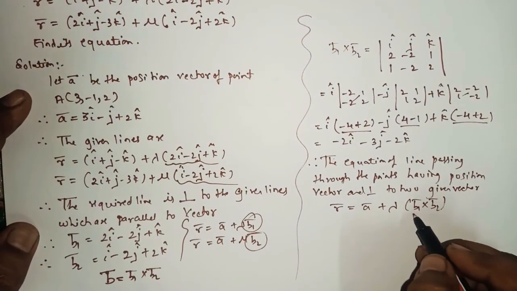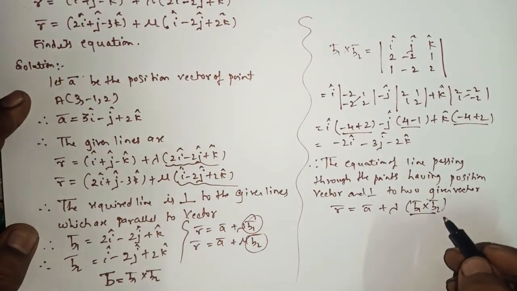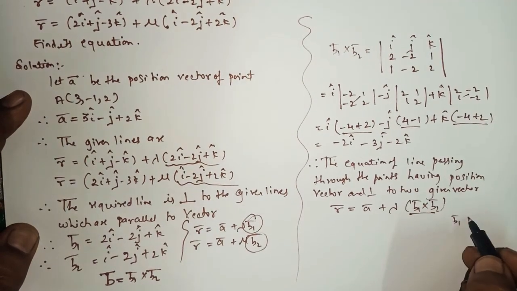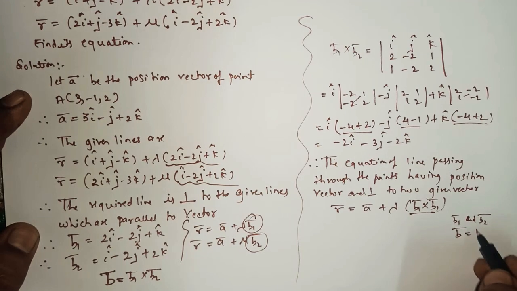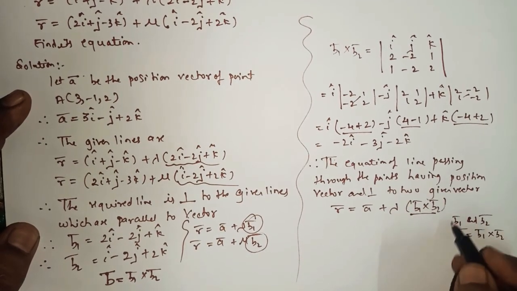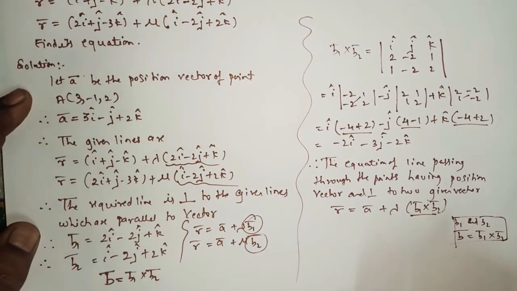And we know that when the required line is perpendicular to b1 and b2, it is parallel to b bar, so b bar will be equal to b1 cross b2 only. So you can use the first formula also.